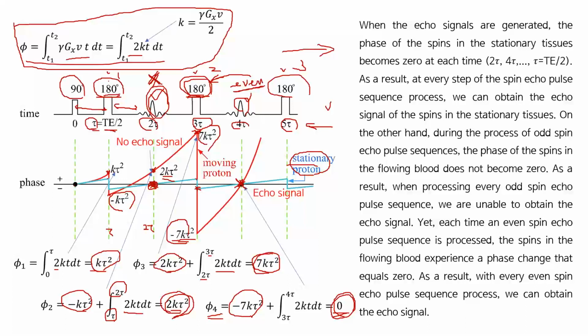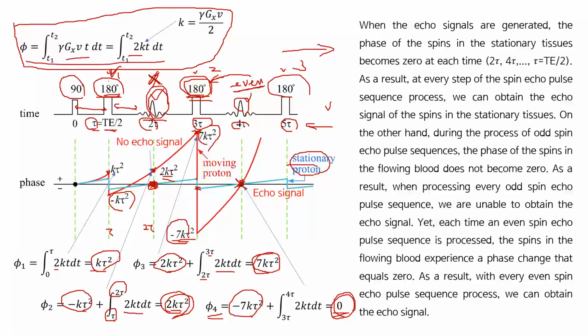So if you continue this, then we can see that for odd 180-degree pulses, we cannot obtain the echo signal, but for even 180-degree pulses, we can have an echo signal from the spins of flowing blood.